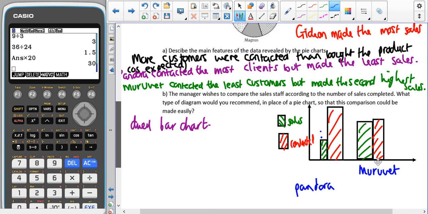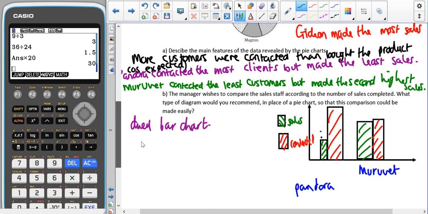Two bars for each person, one representing one piece of data, one representing the other piece of data. Now this should not be over time. This should be two separate things, usually divided by a category. In this case, the category is people, and the two separate things that we're looking at is sales and contacted.